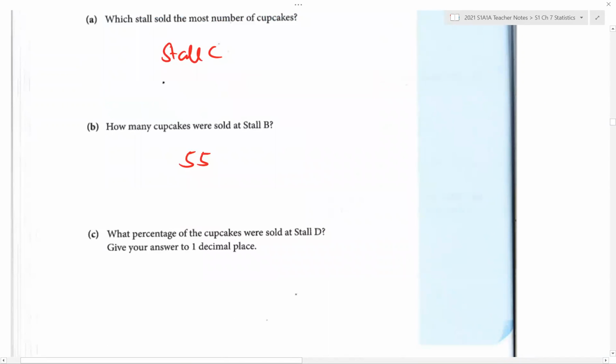And what percentage was sold at D? Show me your working and pass the book over. What percentage was sold at D? So the percentage sold will be 40 out of the total 245.